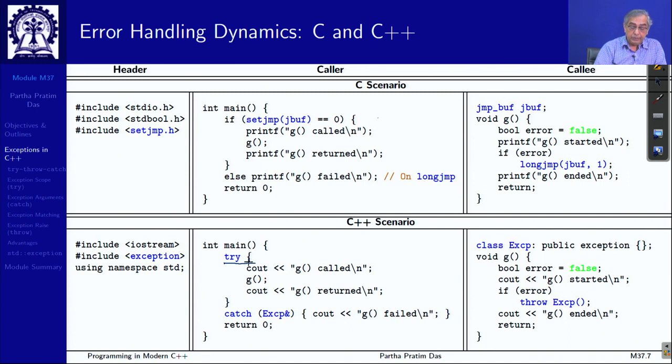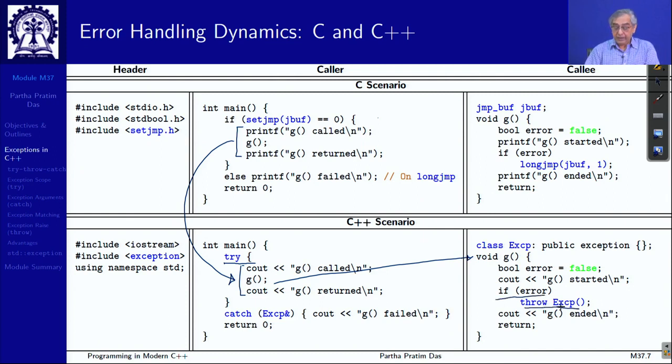You just need to write the equivalent code as in here within a pair of curly braces and prefix it by try. So, the sense is you are saying that I am trying this code out, there may be some issues. It goes normally, calls G. If there is an error, it will throw. If there is no error, it will return to the designated point.